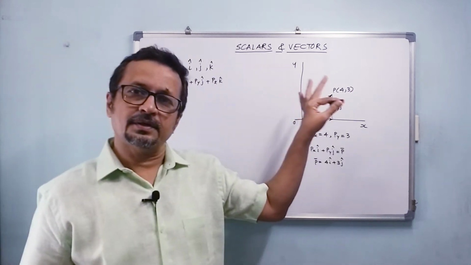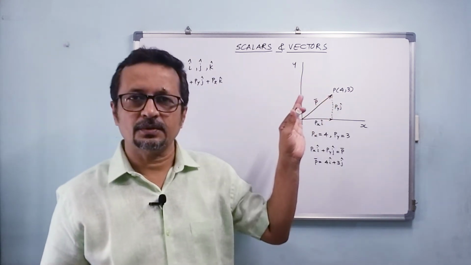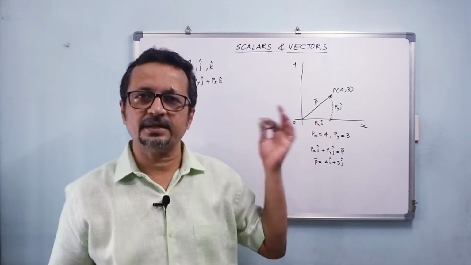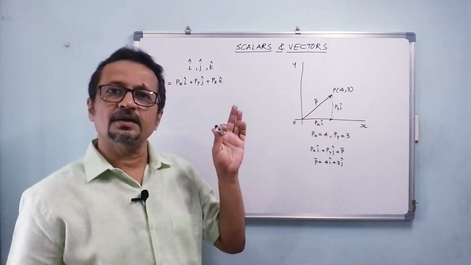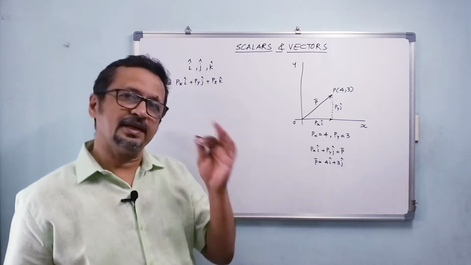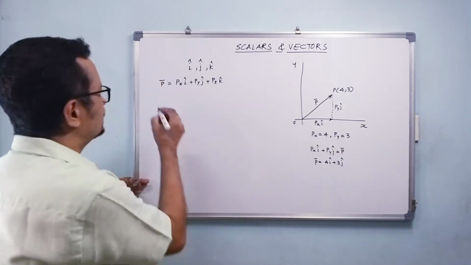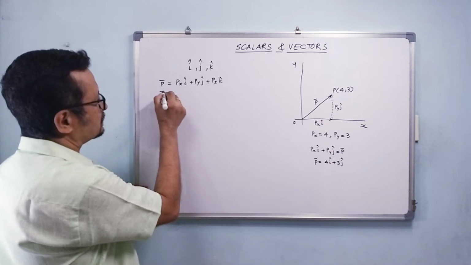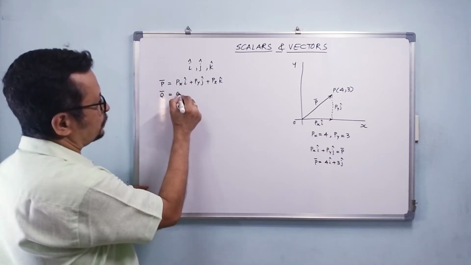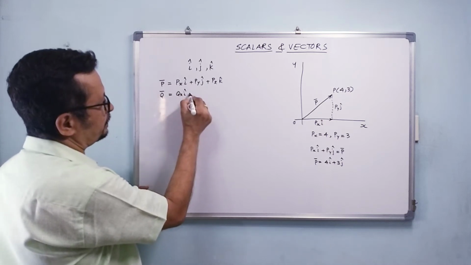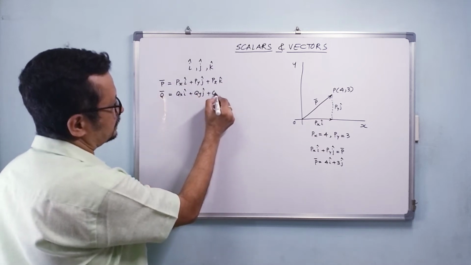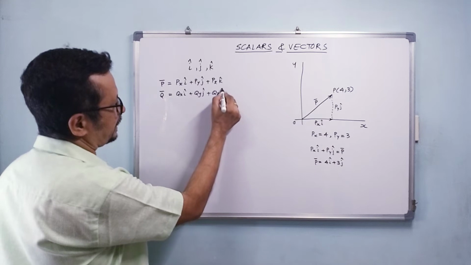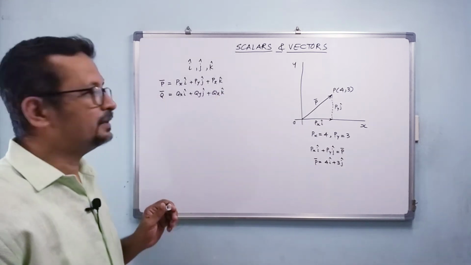Here I have defined the vector in 2 dimensions, we are not taking z into account, but to make it more general we take all the components along x, y and z axis. Similarly, q bar is equal to qx i cap plus qy j cap plus qz k cap, right?